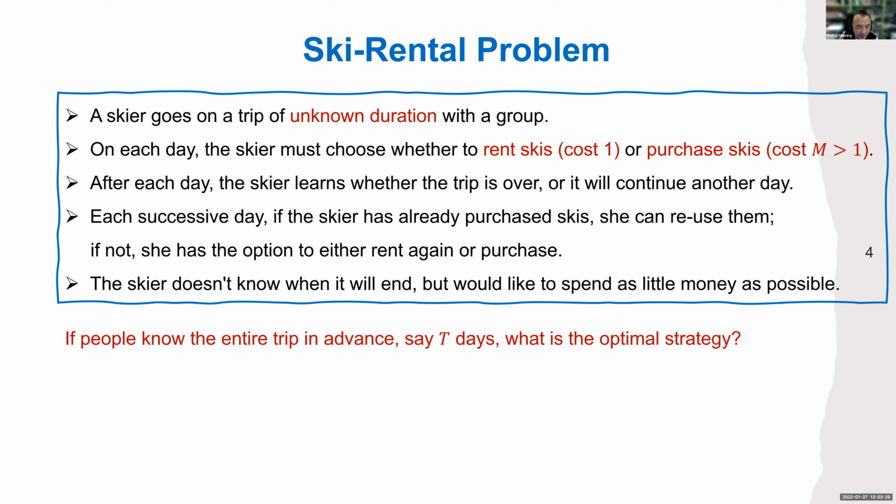Now, for the offline problem, if you already know how long the entire trip will last, for example, say it will last for T days, then what's the optimal strategy?